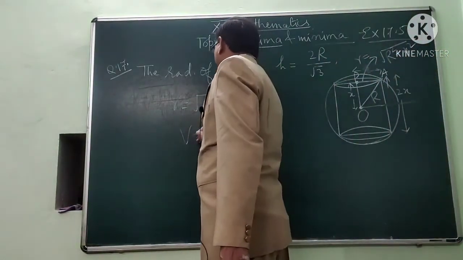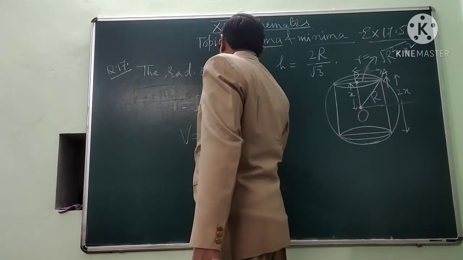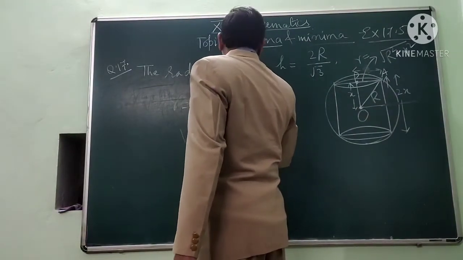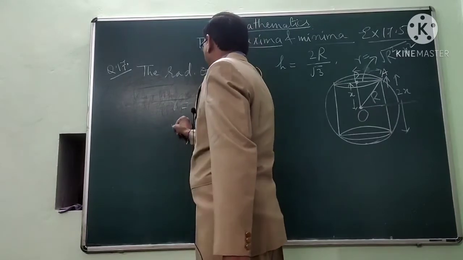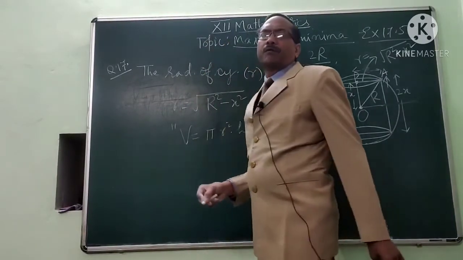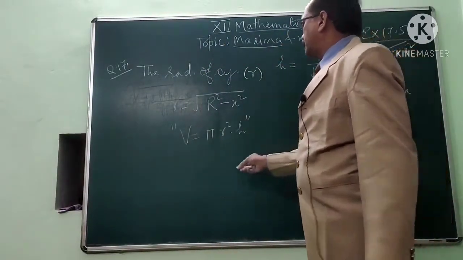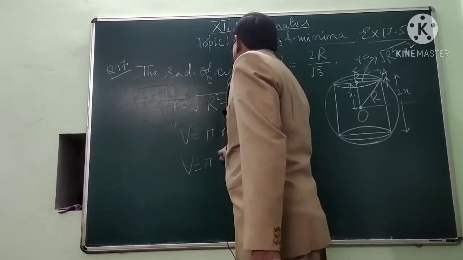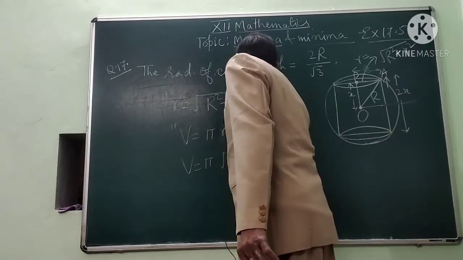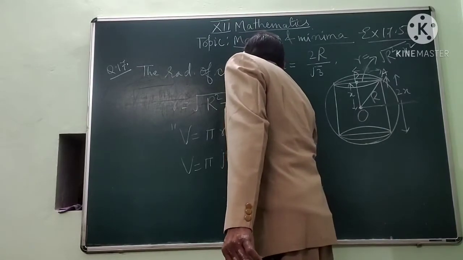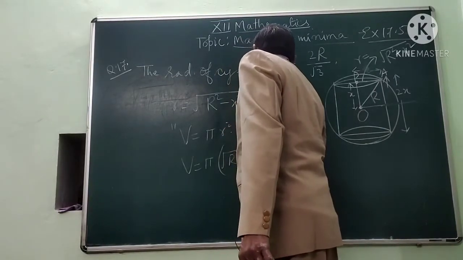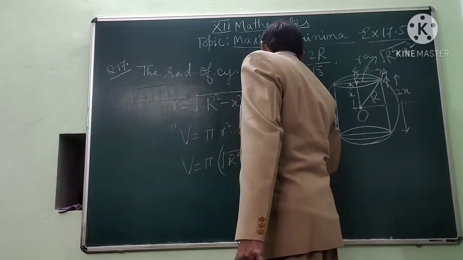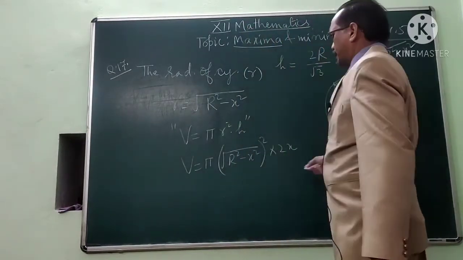Now volume of the cylinder is pi r square into h. This is the formula. So here it is pi, radius is root r square minus x square whole square, into 2x. Height of the cylinder is 2x.